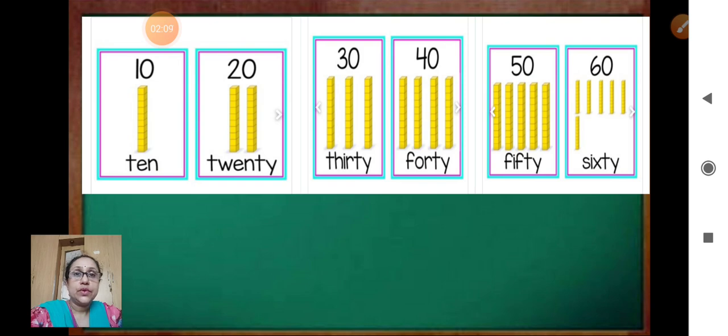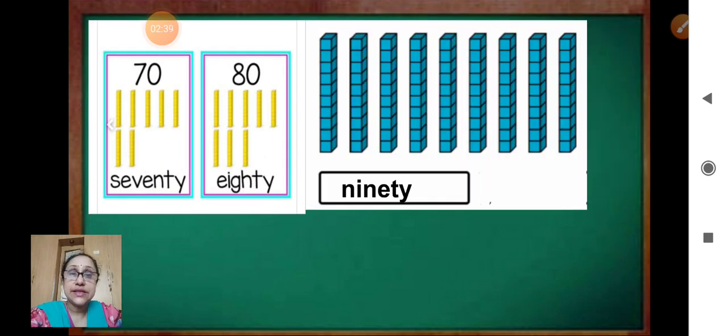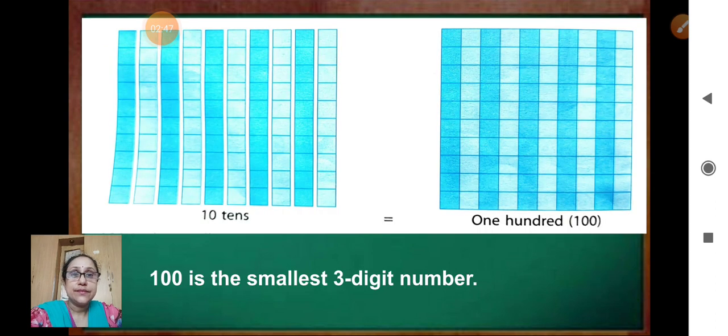Now you will repeat after me. Okay? Do you remember? 1 ten, 10, 2 tens, 20, 3 tens, 30, 4 tens, 40, 5 tens, 50, 6 tens, 60, 7 tens, 70, 8 tens, 80, 9 tens, 90, 10 tens, 100.